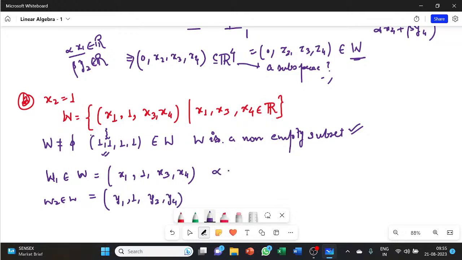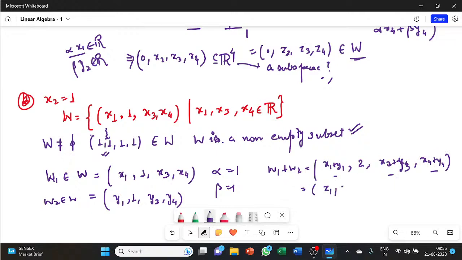Even if I add them up, let's say alpha is equal to 1 and beta is equal to 1, I will get w1 plus w2. It would be equal to x1 plus y1, then 1 plus 1, which is 2, then x3 plus y3, and here you will get x4 plus y4. These are all real numbers. You can write them as z1, this will remain 2, you can write it as z3, and it will remain z4.